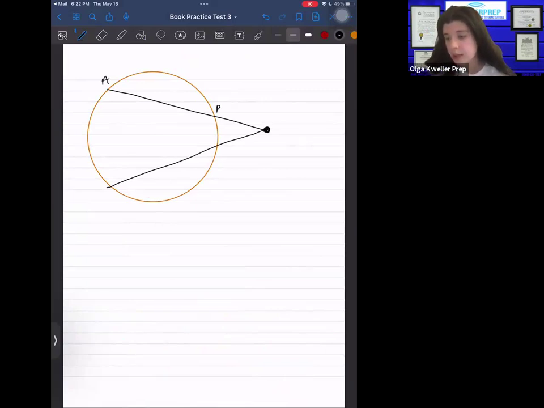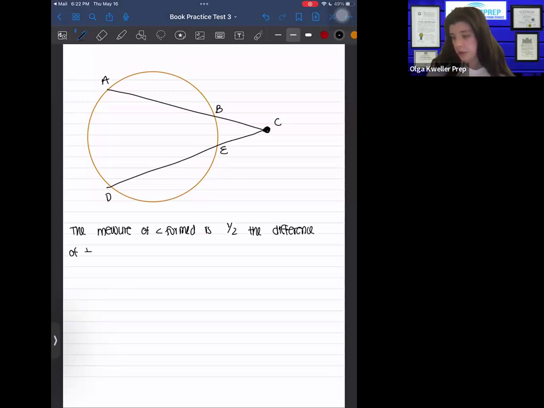Let's say A, B, C, D, and E. The relationship is that the measure of the angle formed is half the difference of the measure of the intercepted arcs. So the first theorem I gave you was for tangents.